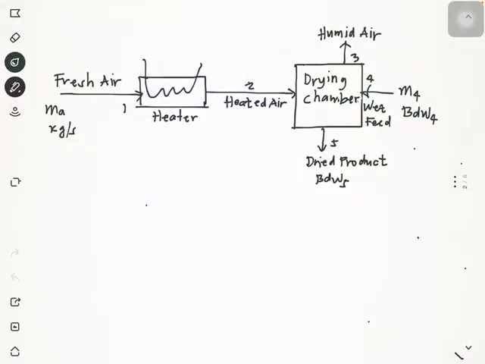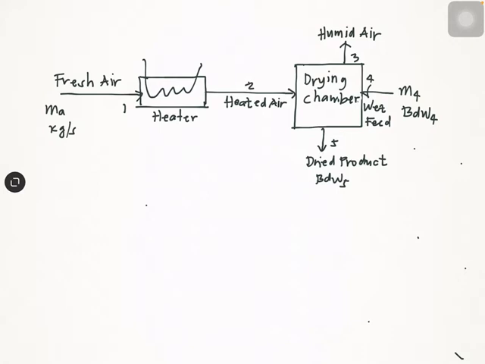Okay, so considering this diagram here, we have state 1, state 2, state 3, state 4, and state 5. We have this heater and this drying chamber. So we have fresh air entering at point 1, in kilograms per second.